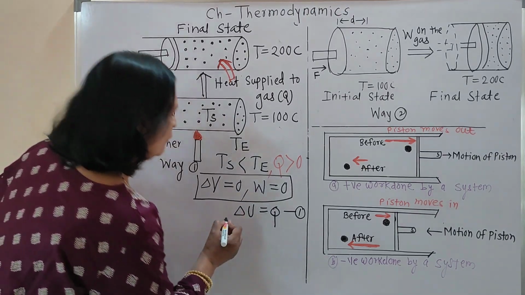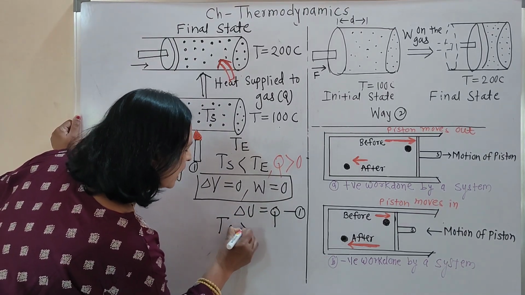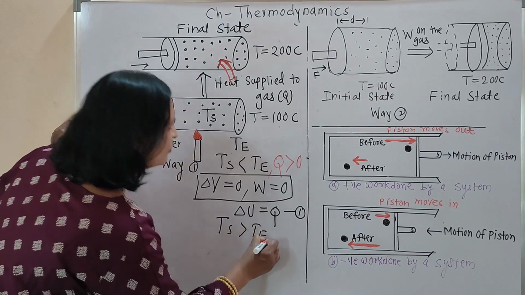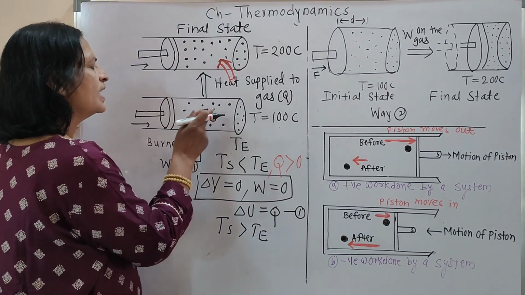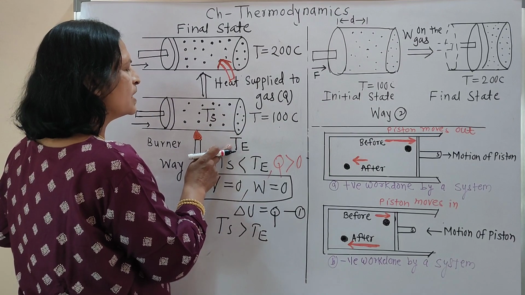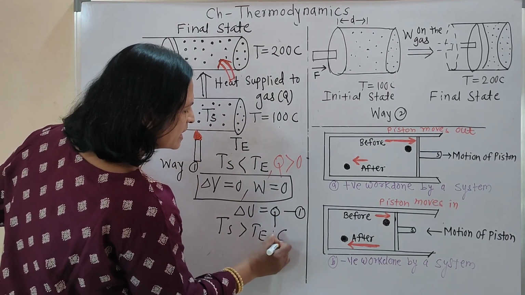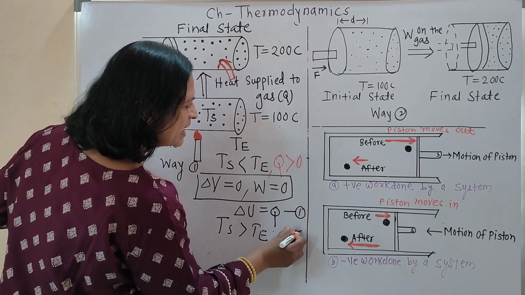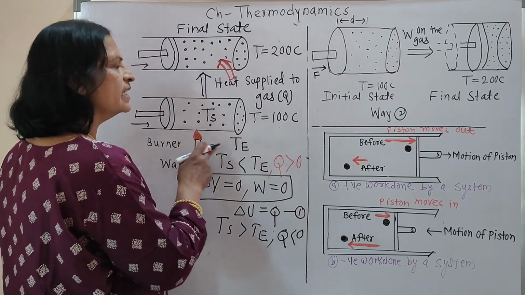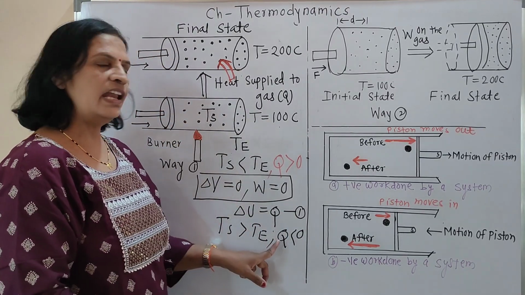Another case: when Ts is greater than Te, that is, when the temperature of the system is greater than the temperature of the environment, heat is lost by the system, meaning Q is less than 0, which means there is a decrease in internal energy.